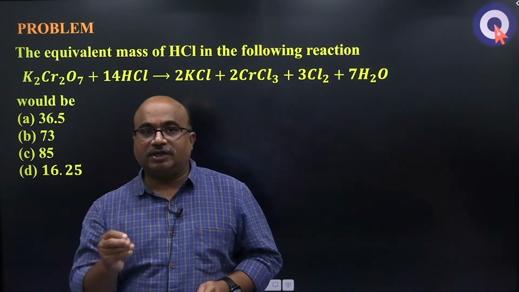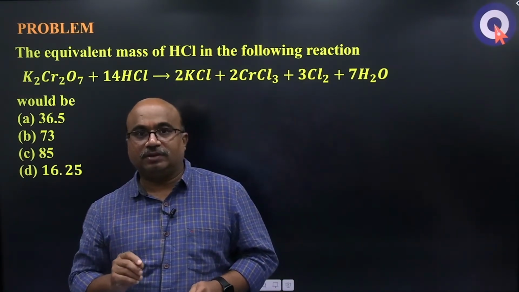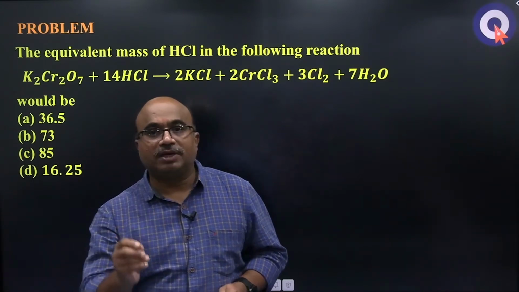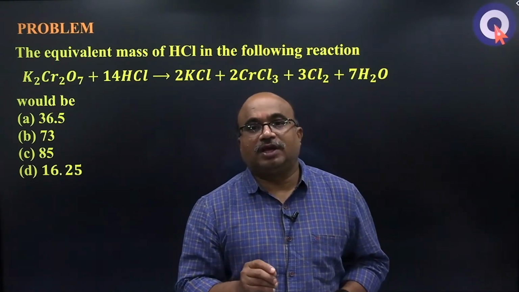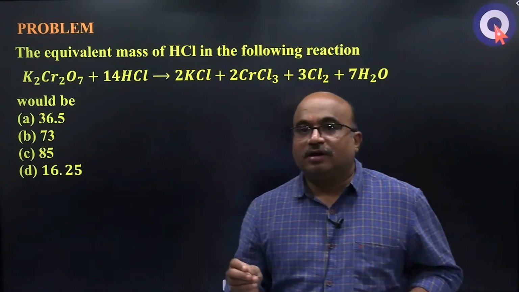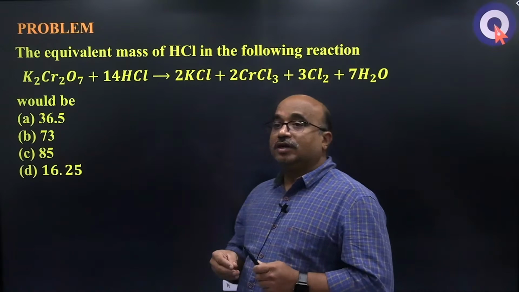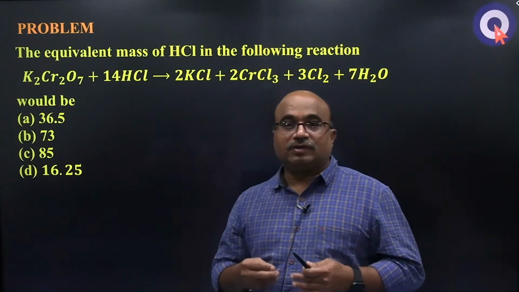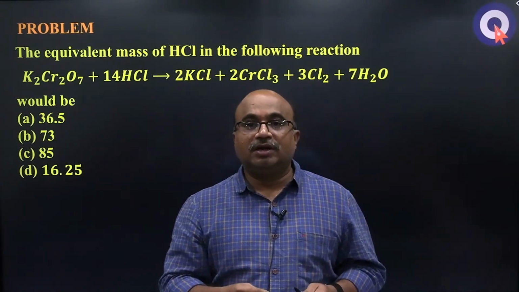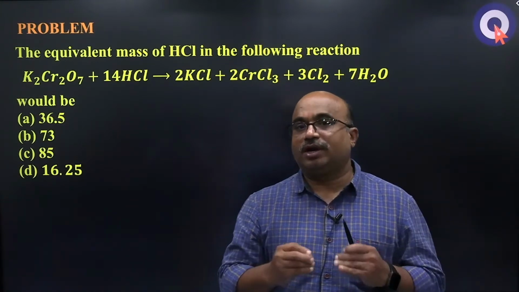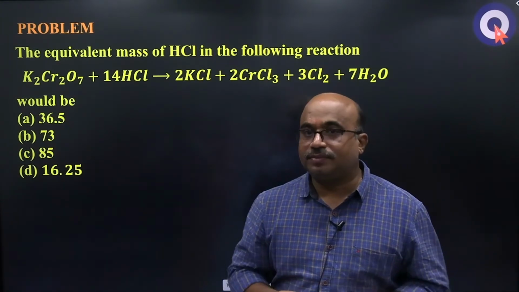So for the acid it is 1 H plus, for the base it is 1 OH minus. If it is a redox reaction, electron loss and electron gain will be there. So we say, based on the number of electrons involved, for 1 electron how much is required, that is our equivalent weight.